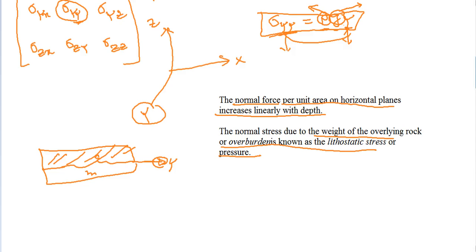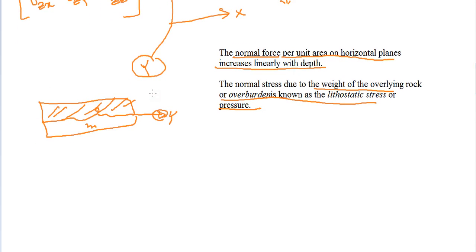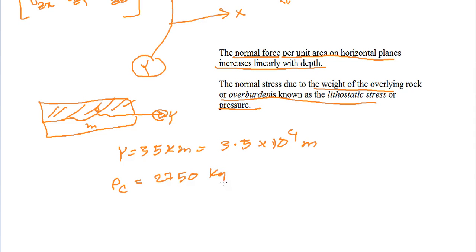Then y equals the mean average crustal depth, that means y equals 35 kilometer, that means 3.5 into 10 to the power 4 meter, right? And average continental density is 2750 kg per meter cube, and acceleration due to gravity g is, to keep it simple, 10 meter per second square, right?